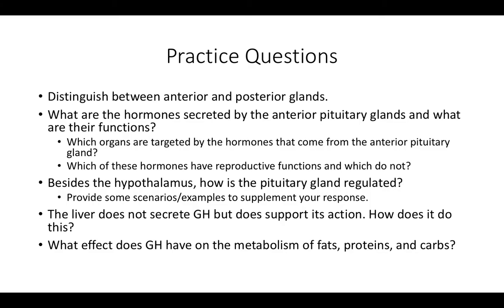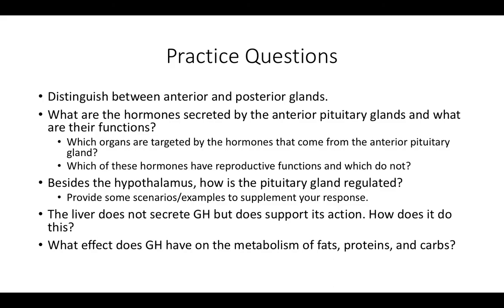What are the hormones secreted by the anterior pituitary gland, and what are their functions? So we talked about all of those ones that I want you guys to know. Which organs are targeted by hormones that come from the anterior pituitary gland? So we talked about things like thyroid stimulating hormone, so that obviously targets the thyroid.